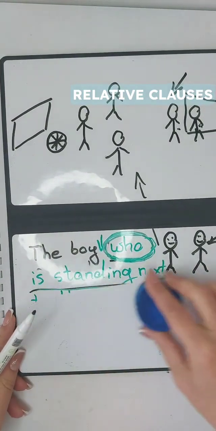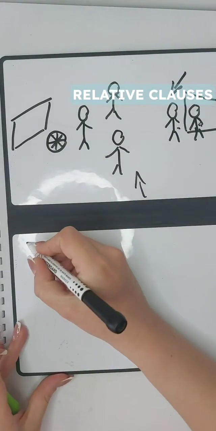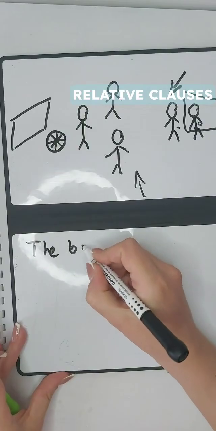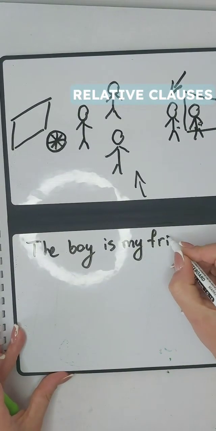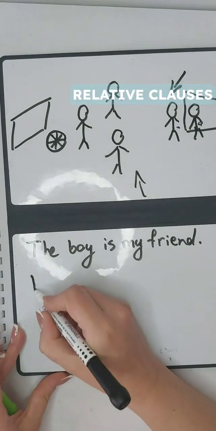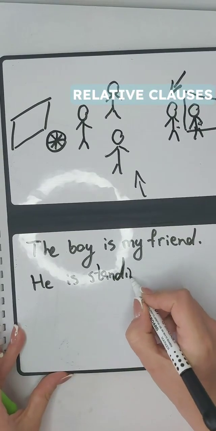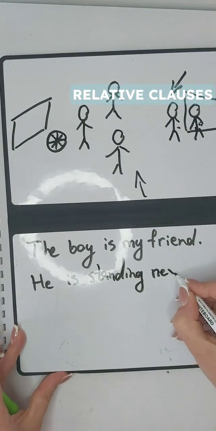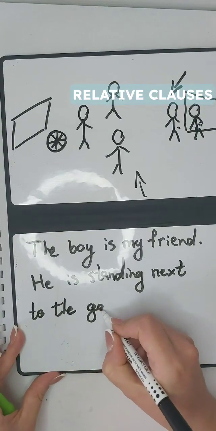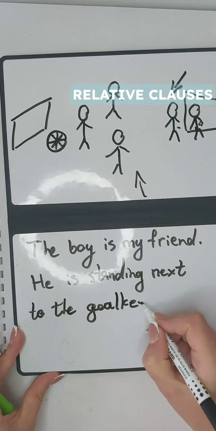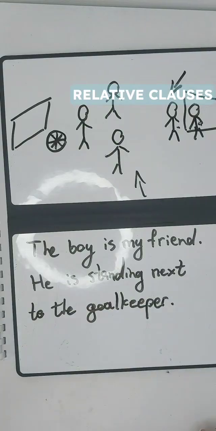And again, of course, you can say the boy is my friend. He is standing next to the goalkeeper. And of course, it's perfectly correct.